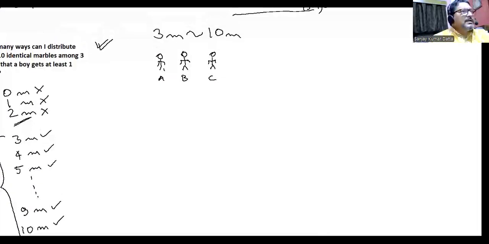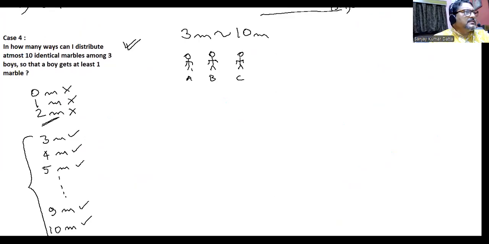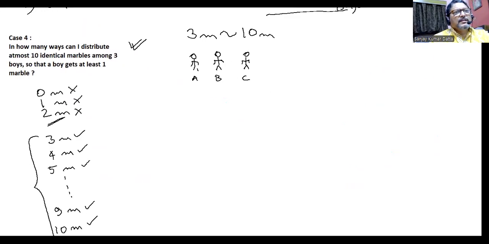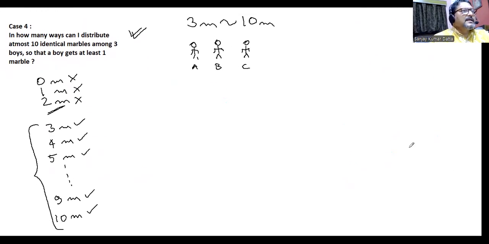Now, one thing I am sure you are also understanding the moment I have said it: if you have 3 marbles out of at most 10 marbles, and you give away 3 marbles to the 3 boys, now you are left with 0 marbles. This 3 means 0.